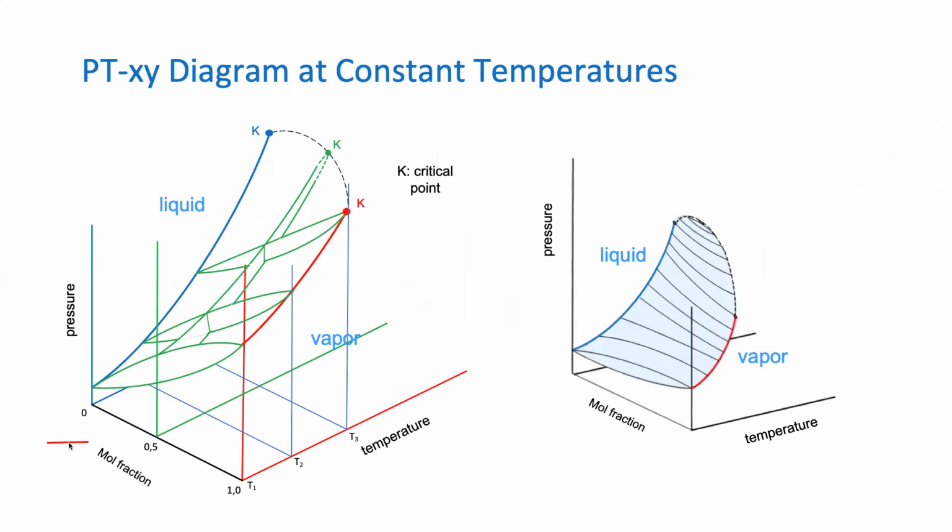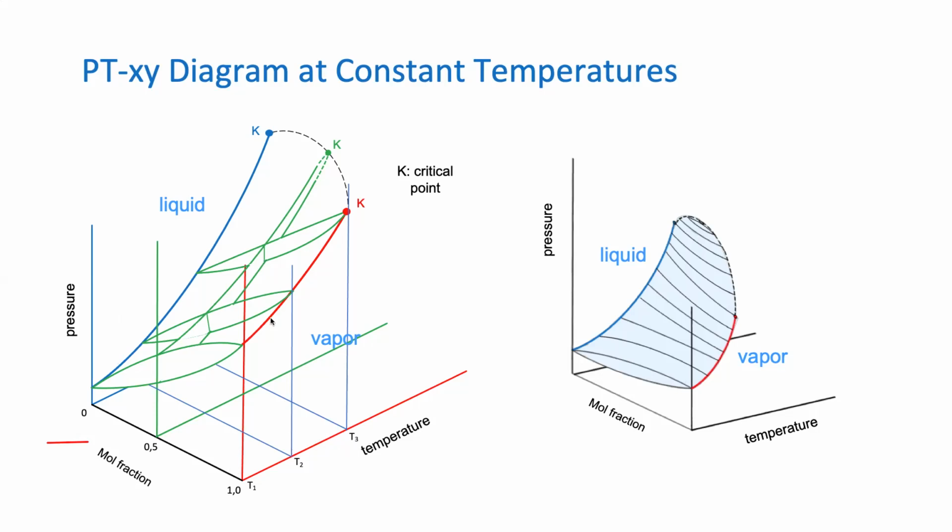Okay, so just try to imagine you have a tongue in 3 dimensions. There is the mole fraction for the x-axis, temperature maybe for the z-axis, and pressure for the y-axis. Try to define the three dimensions. And then you slice it with a constant temperature.